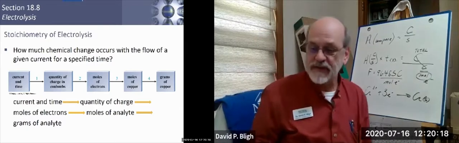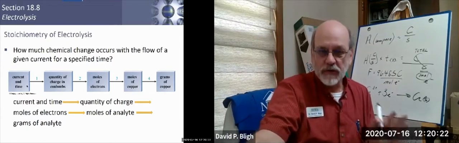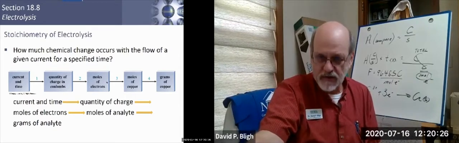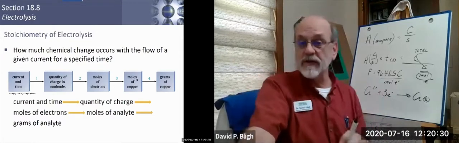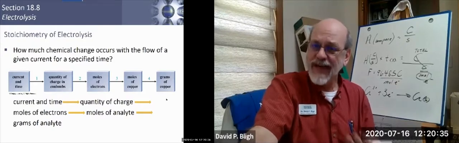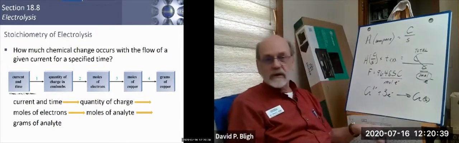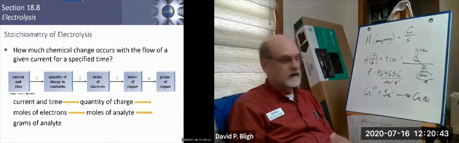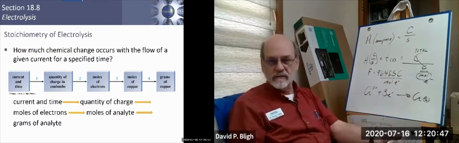All right, so that's what this schematic is talking about. You need the current, you convert the current to the number of coulombs, convert the coulombs to the moles of electrons, use the stoichiometry of the reaction to find the moles of the metal. And then if you need to know the mass of the metal, you just use the molar mass of the metal to convert moles of metal to mass of metal.